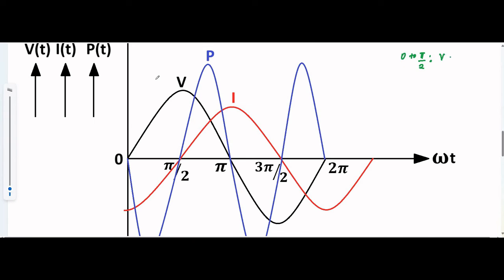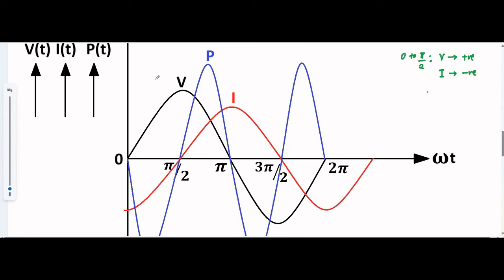But the current, the red curve, is in the negative, downward axis, so it has a negative value.